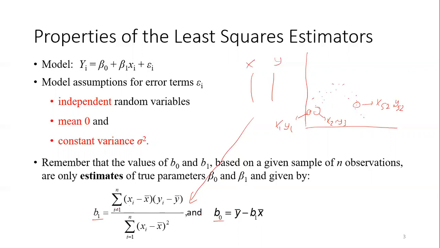So what I mean is these formulas do not check whether there is really a linear relationship between the data. If you just put any values in this column and this column, it will give you a value for B1 and B0. But this does not assure that there is a linear relationship between y and x. Okay?